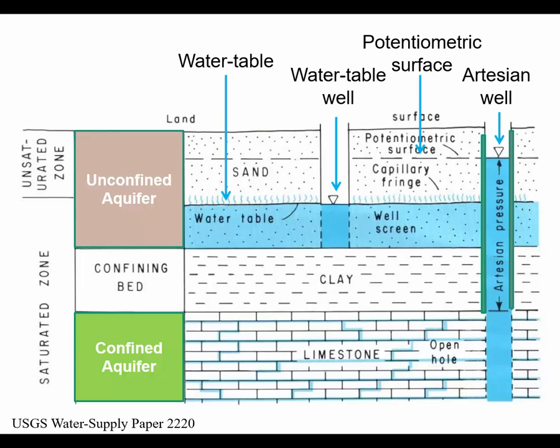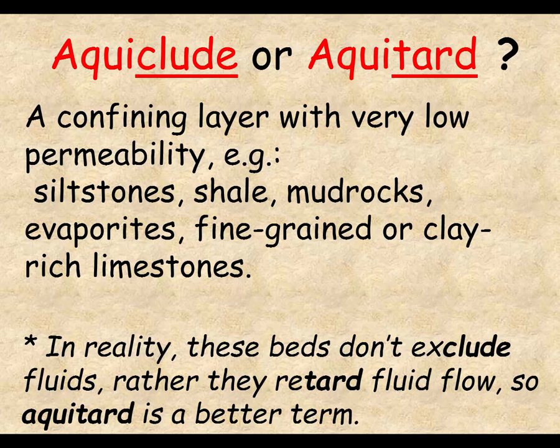Now, that confining layer typically is called an aquiclude or an aquitard. And basically it's something that's relatively low permeability. Could be a siltstone, shale, a mudstone. There's a lot of different things, even a clay-rich limestone. The distinction is, does it retard the flow, hence aquitard, or exclude flow, hence aquiclude?